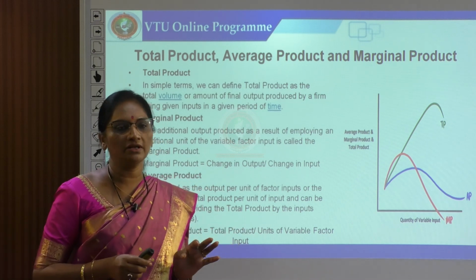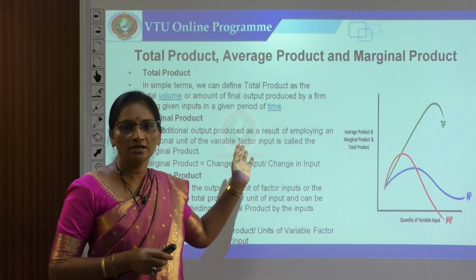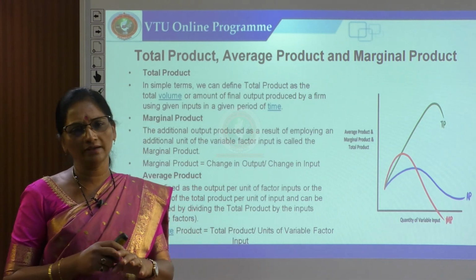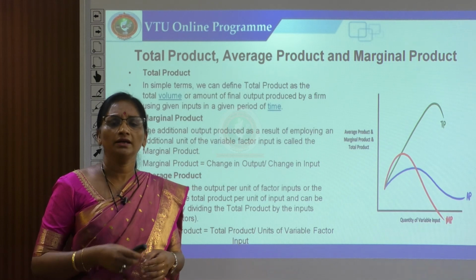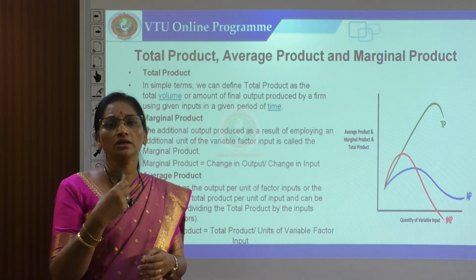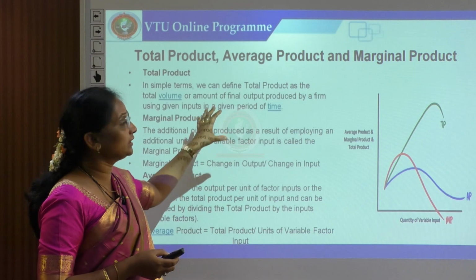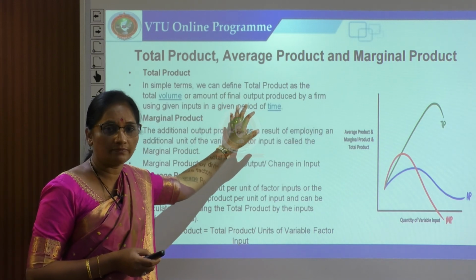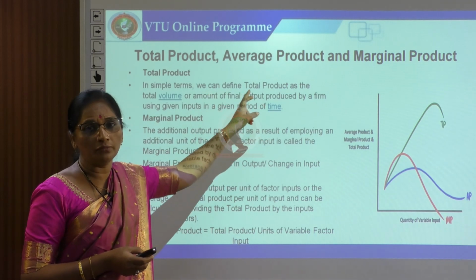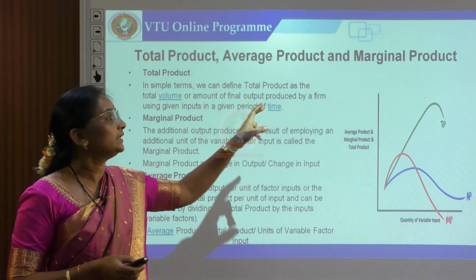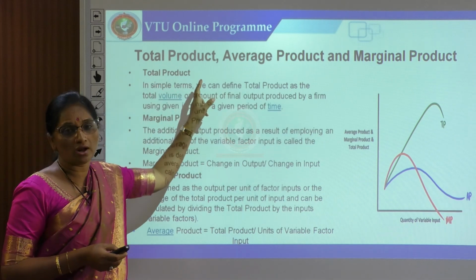That common statement is applicable here also. When we have sufficient time, we can make any changes and achieve all the objectives in production, but here time is the most important aspect. In the given period of time, with the help of the inputs, the final output is called the total product.